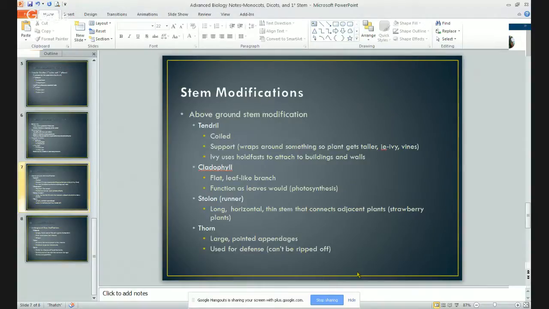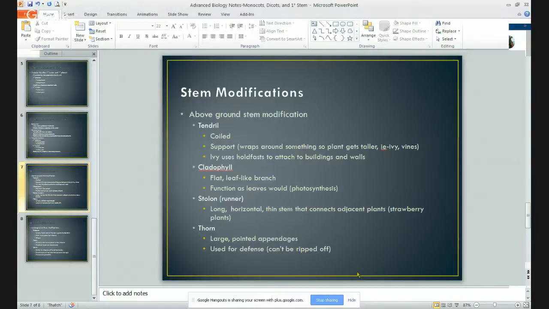So these are going to be coily little appendages that a plant uses for support. It's going to wrap around something, whether it's another branch, a tree, the screen on your window, but it's going to grab on somehow.